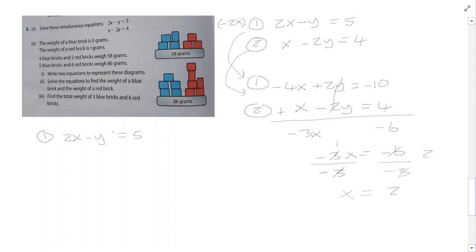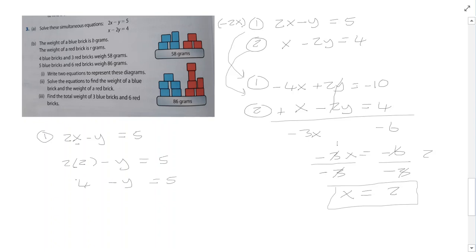Wherever there's an x, we substitute in the value we worked out. So it's 2 times 2, minus y, is equal to 5. So 2 times 2 is 4, minus y is equal to 5.